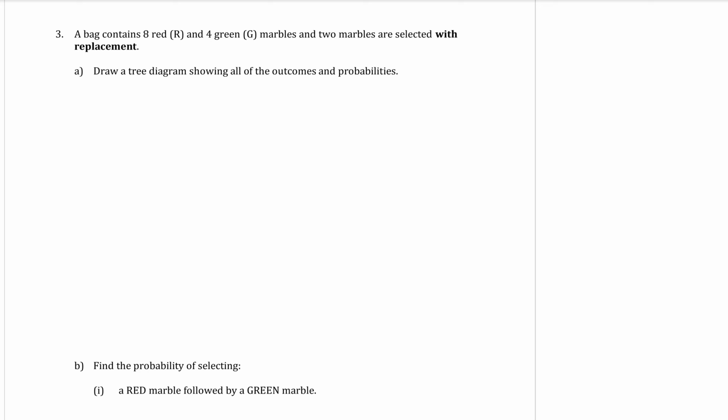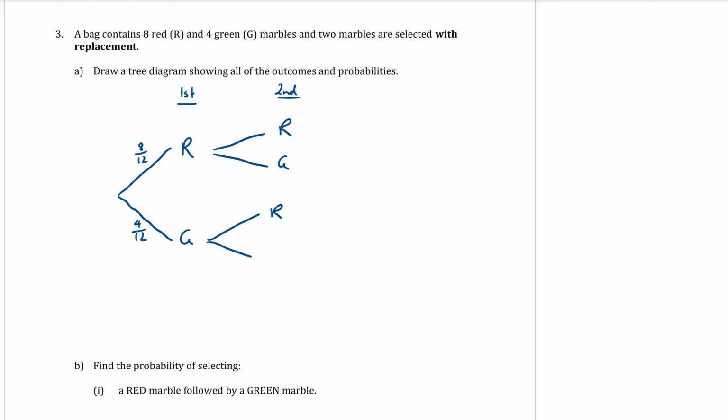So to draw this tree diagram, the first marble, I can have red or I can have green. This starts the same. I have 8 out of 12 chance of getting red, and I have a 4 out of 12 chance of getting green. For the second choice, this is where it's different. I can still have red, green, and I need to do it again, red, green.